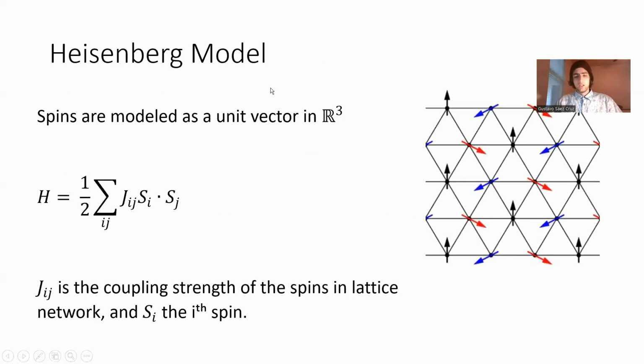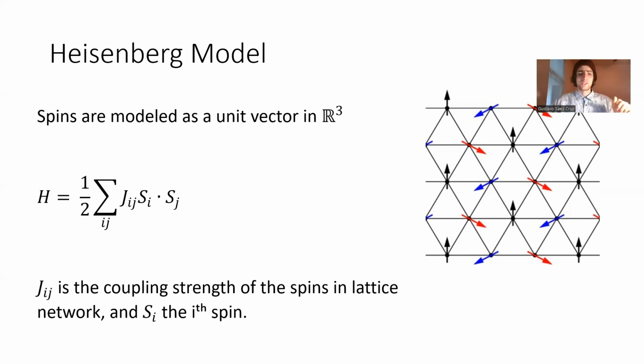So I will be using the Heisenberg model to essentially model the spins in the two-dimensional lattice. Our spins will be three-dimensional unit vectors, as you can see here, at each point in the lattice. The energy is given by the Heisenberg Hamiltonian, where J is the adjacency matrix.